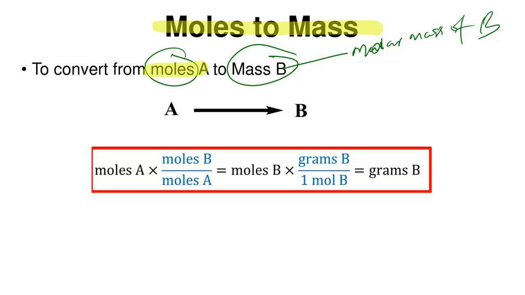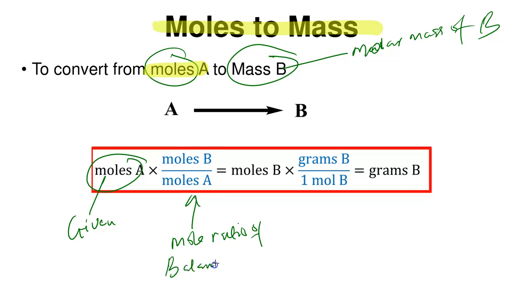So what we did was expand the previous graphic I showed you by an extra step. We started with this, which is what is given. This goes through the mole ratio of the balanced equation, which here is of course 1:1, and then it will give us moles of B, but we don't want to stop there.